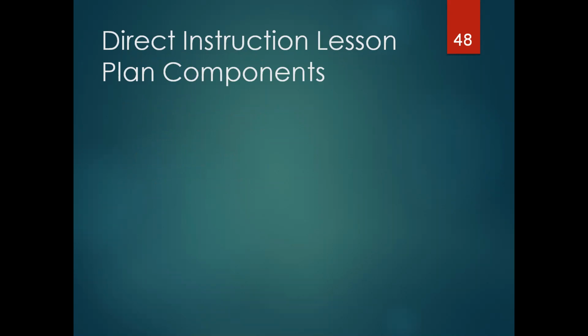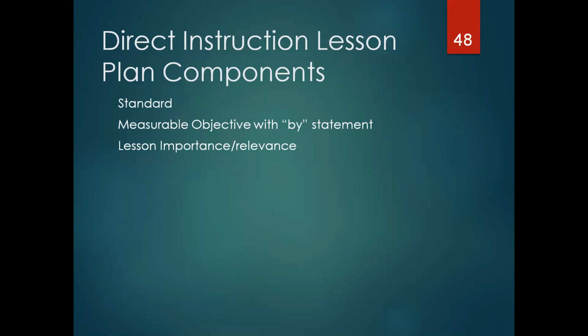So the components of a direct instruction lesson plan. You have your standard, your measurable objective with a buy statement. Remember, a measurable objective has to have a buy statement or else it's just an objective. Lesson relevance or importance, resources, materials. How are you going to access prior knowledge? You might have to teach prior knowledge. That's one thing here. You're not always activating prior knowledge.